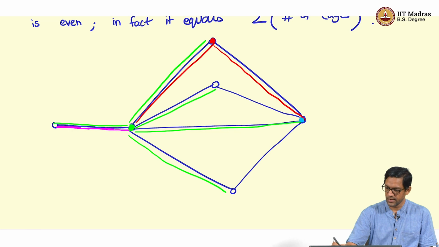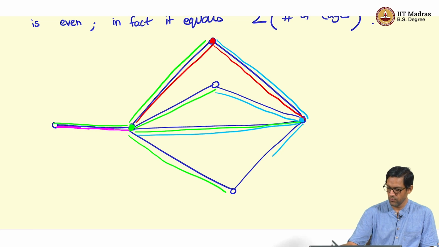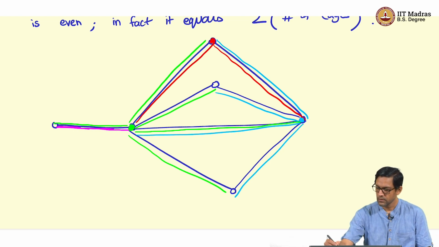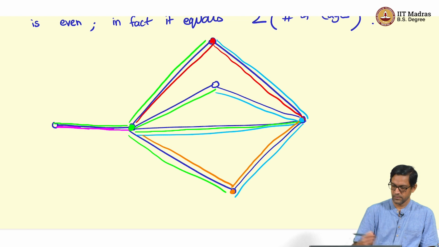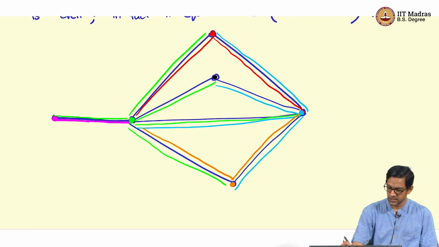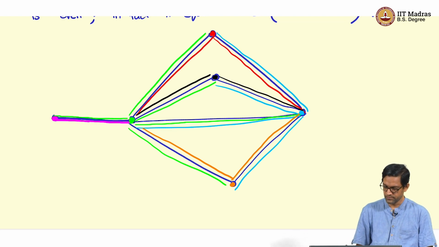This vertex here has 4 edges, 1, 2, 3 and 4. This last one has 2. And likewise for this last vertex here, its degree is 2, so that just accounts for these 2.